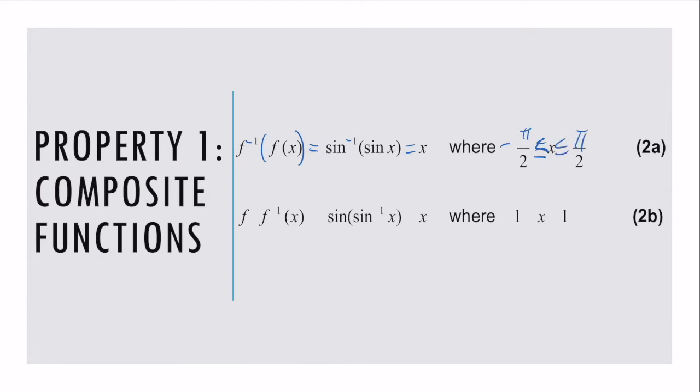If I have f of f inverse of x equals sine of sine inverse of x, that's going to equal x, where -1 is less than or equal to x, which is less than or equal to 1. So they kind of cancel each other out.